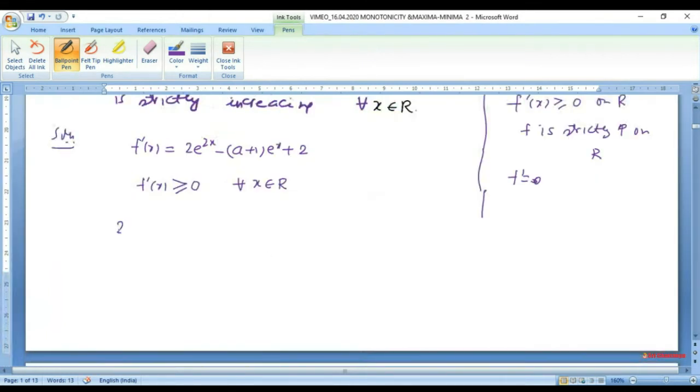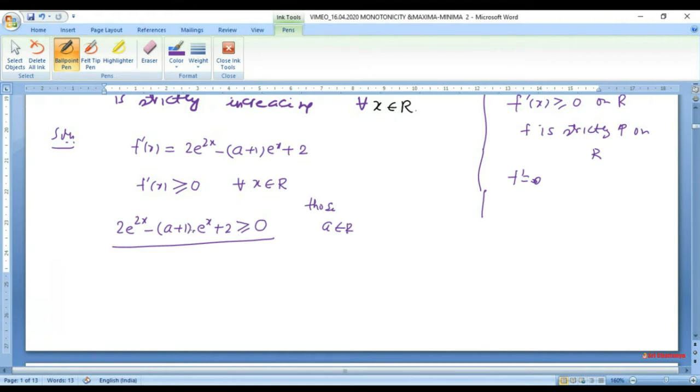It means I want to solve 2 e to the power 2x minus (a plus 1) times e to the power x plus 2 to be greater than or equal to 0. So our question becomes: find all those a that belong to R for which this holds for each x that belongs to R.